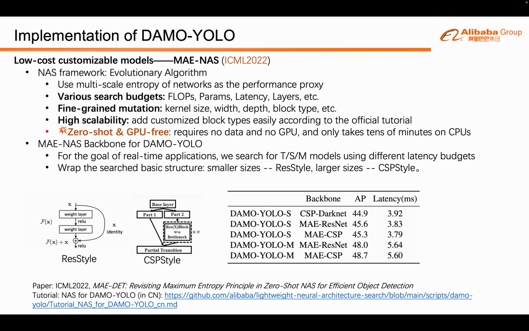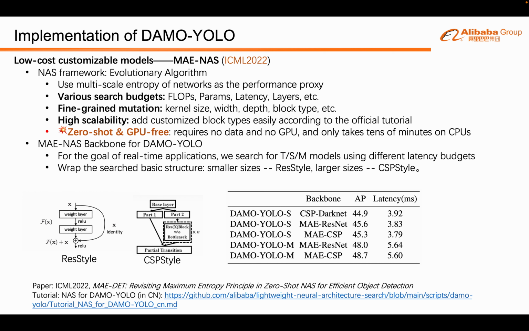We provide an official tutorial to show how to add your block types easily to get customized search space and searched architectures. The link to the tutorial is placed at the bottom of this page. Last but the most important, MAE-NAS is a zero-shot and GPU-free NAS method, which means the search process requires no data and no GPU.